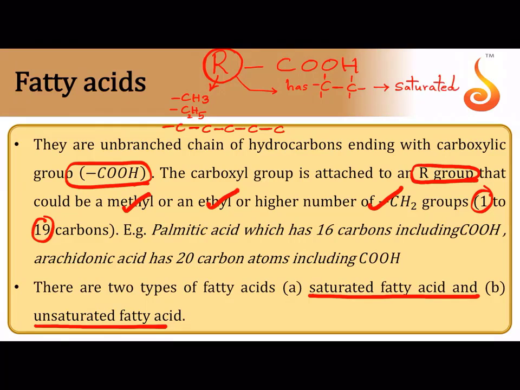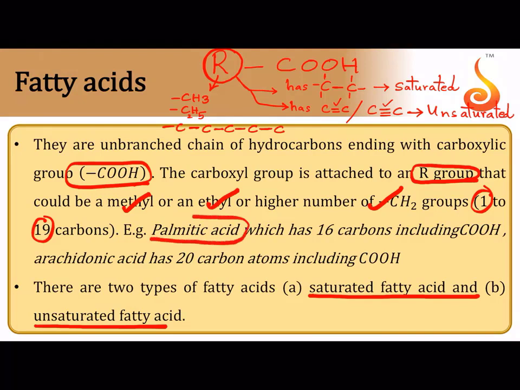So based on the R group, a fatty acid may be saturated, or if the R group has a carbon to carbon double bond or carbon to carbon triple bond, even a single carbon to carbon double bond or triple bond, we call such a fatty acid unsaturated. So remember, the two types of fatty acids are saturated and unsaturated.